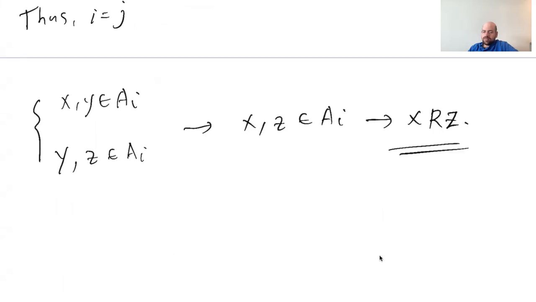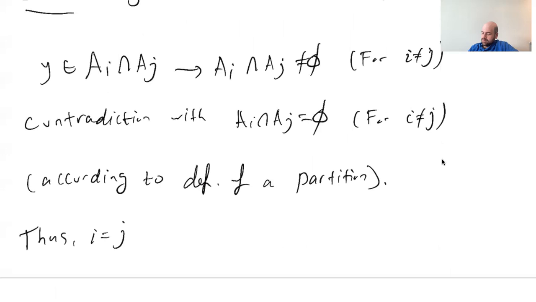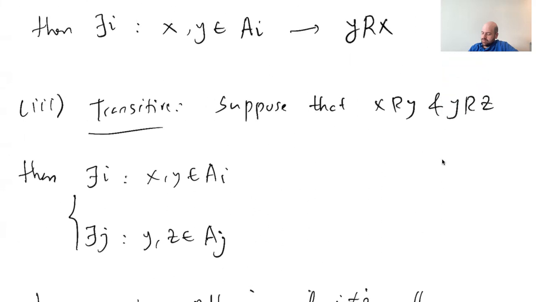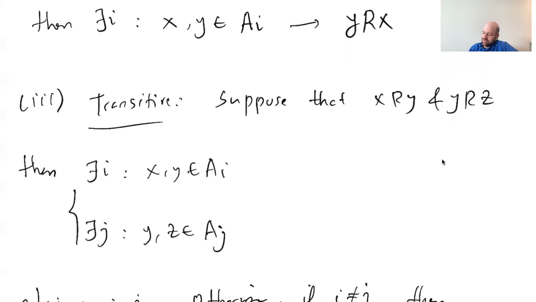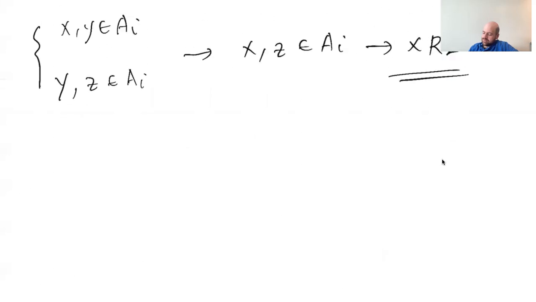Because again, remember, when can I say that two elements are in relation? If there exists at least one index I such that both those elements are in AI. But here X and Z both in AI, so X is in relation with Z. Okay, so we proved that if X is in relation with Y, and Y in relation with Z, then we have X in relation with Z. So thus, we can say that R is transitive.